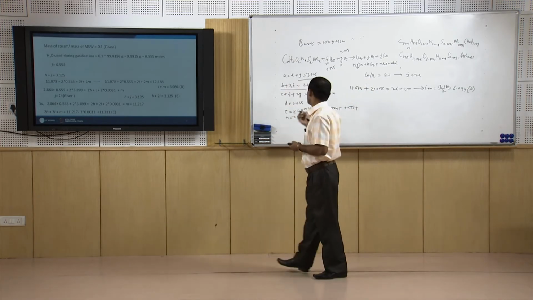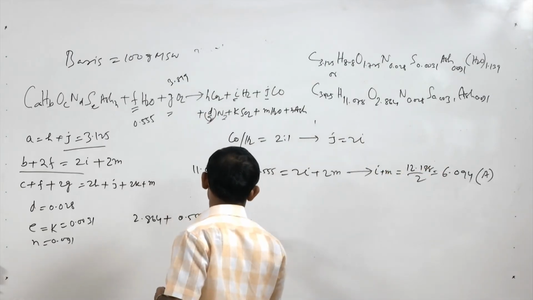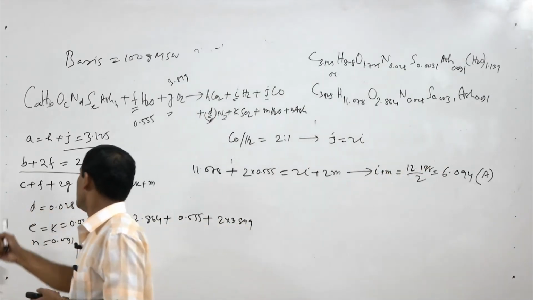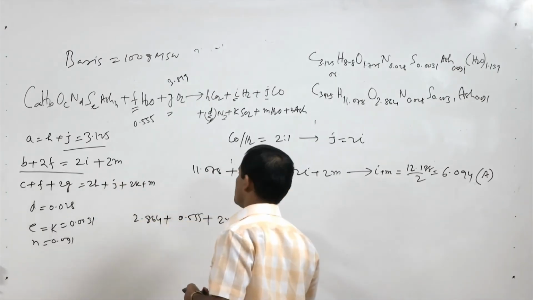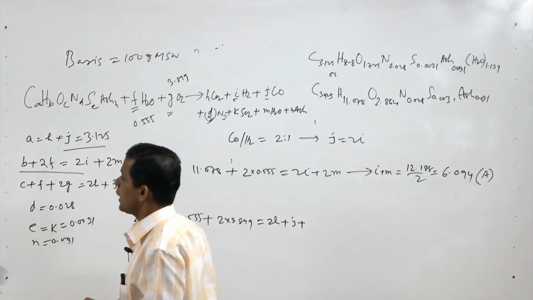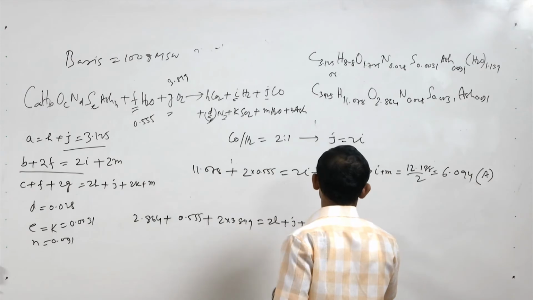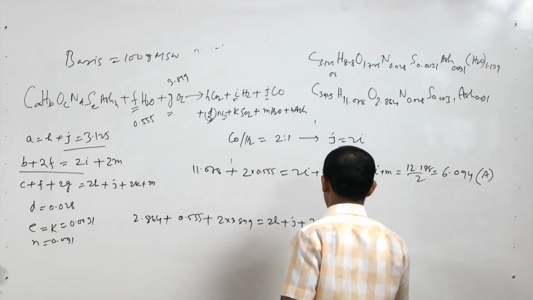So, 2 into 3.899. So, this is the left hand side and the right hand side is equal to 2H plus J plus 2K plus M. So, 2K, 2 into 0.0031 plus M.